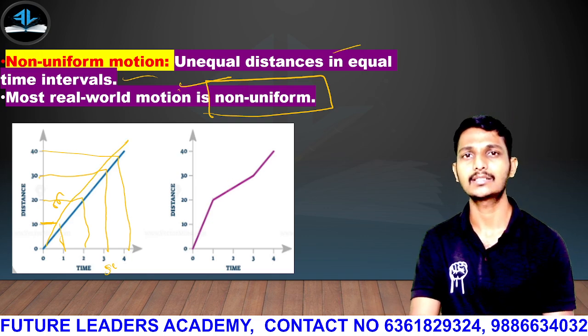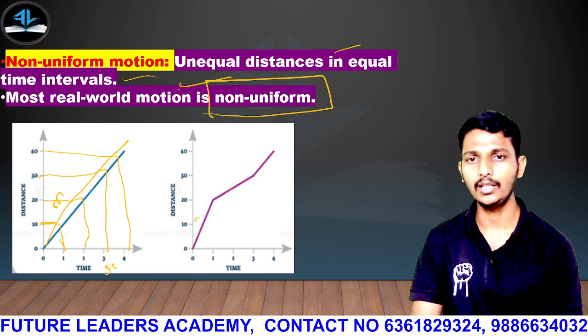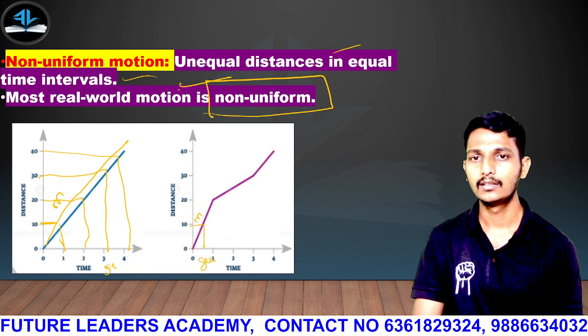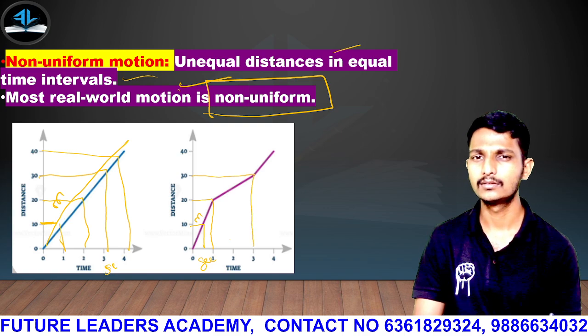But here, what is happening? Just look here, guys. This is also meters only, and this is also seconds only. 10 meters in 5, 20 in 1, 30 in 3, and 40 in 4 seconds.